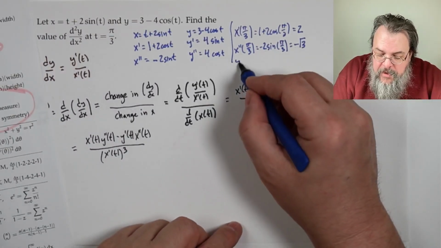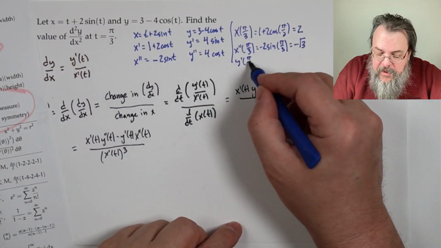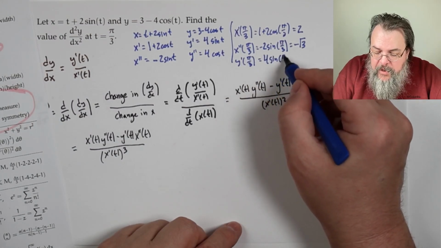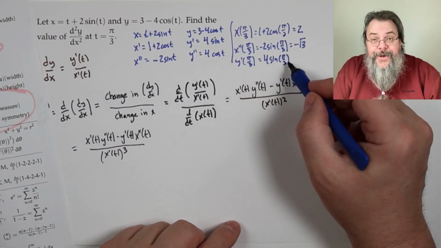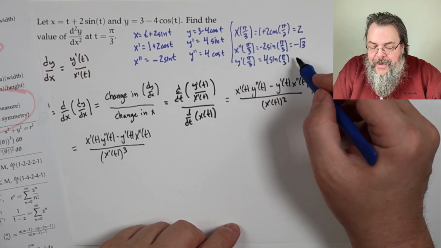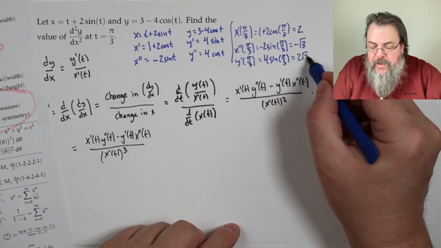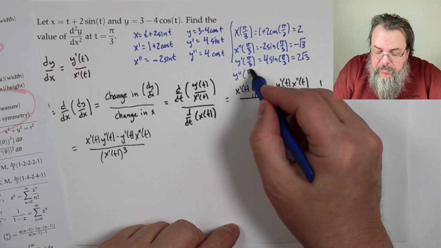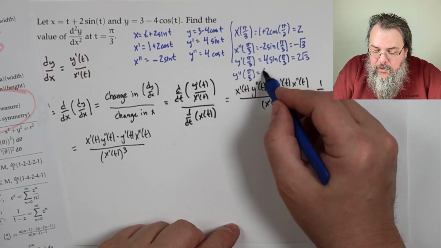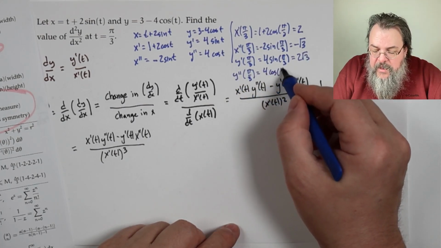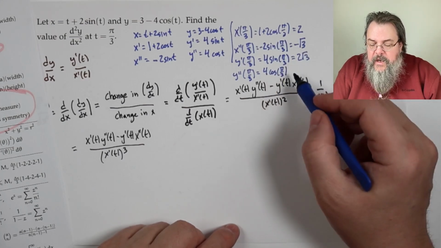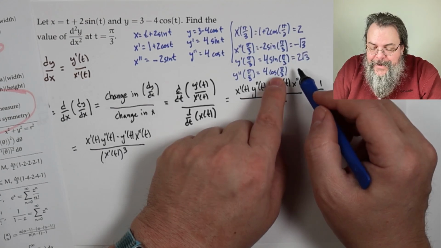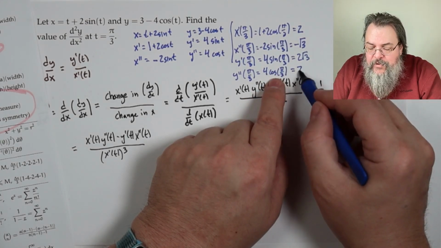Y prime of pi over 3, that's 4 sine pi over 3. Well, it's still root 3 over 2 times 4. And so what we end up with is 2 root 3. And our y double prime of pi over 3, that's 4 cosine pi over 3. And now we said, aha, cosine pi over 3 was a half. We did that earlier. 4 times a half makes 2.